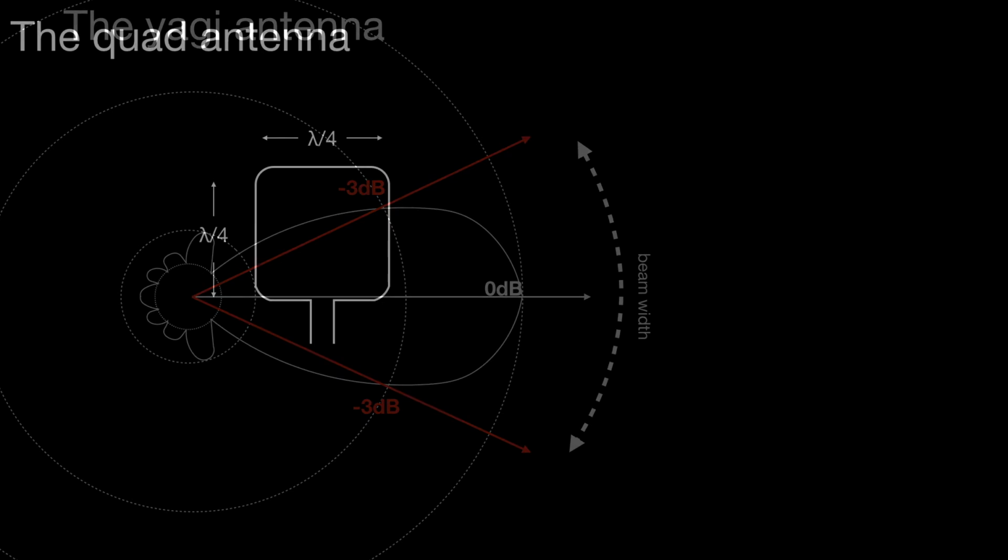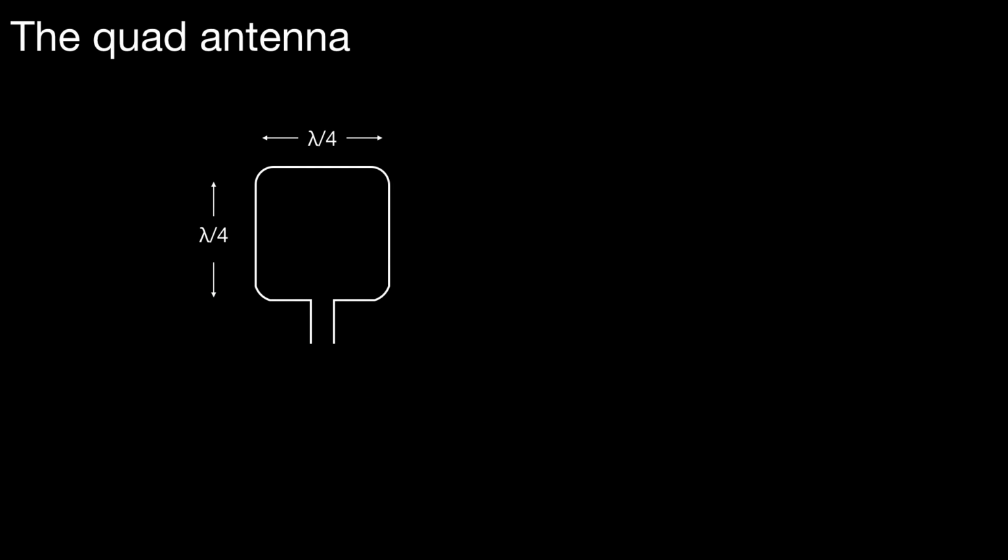The next antenna we're going to have a look at is the quad antenna, so called because it has 4 sides. Each side is lambda by 4. Now, the antenna, as you can probably guess, is a balanced antenna with a 100 ohm feed.